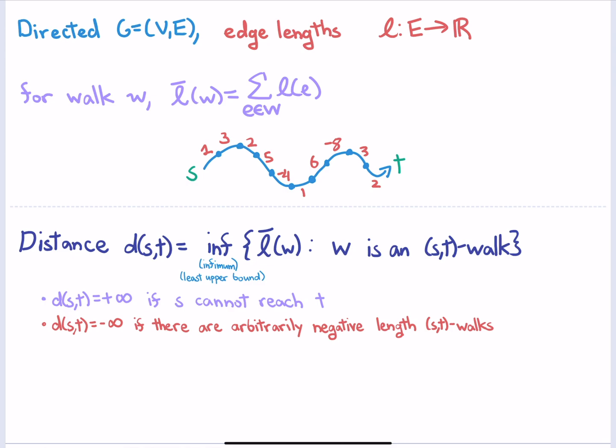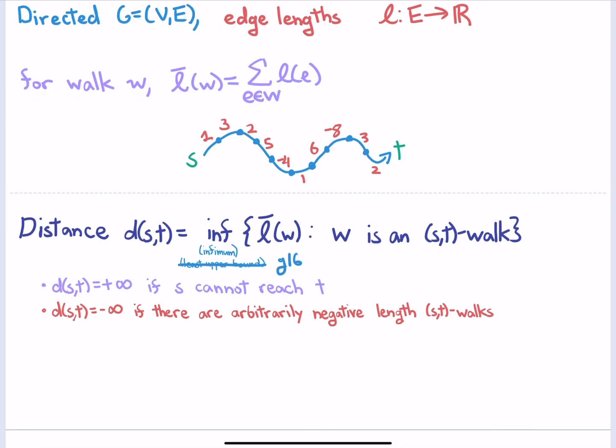So it's really the minimum length walk from S to T, with just the two exceptions: if there's no walk, that's positive infinity, and if it can be made arbitrarily negative, then the answer is negative infinity. Okay, so least upper bound written here is a lie. That should have been greatest lower bound. I'll fix that later. Okay, so that's the formal definition.